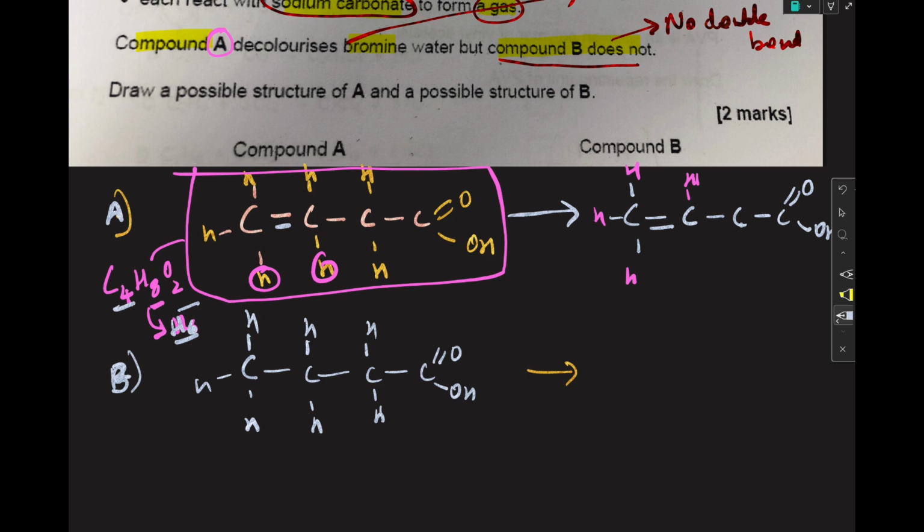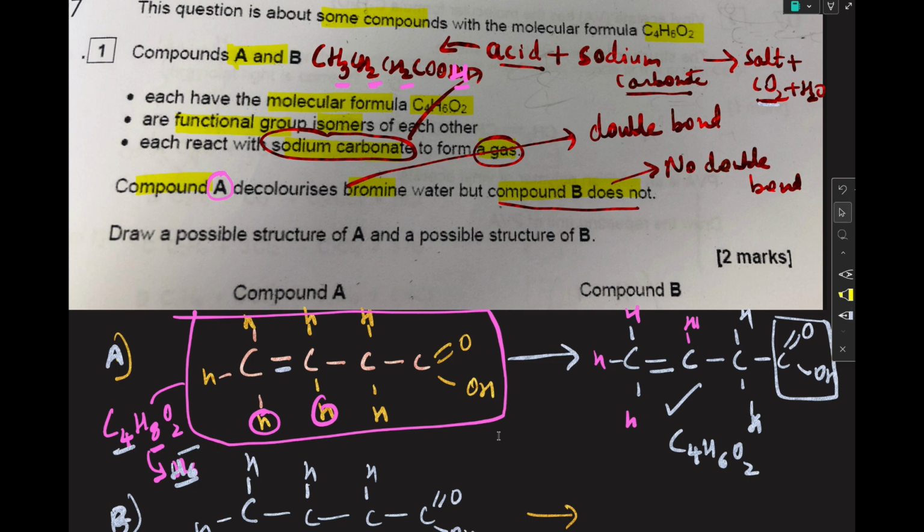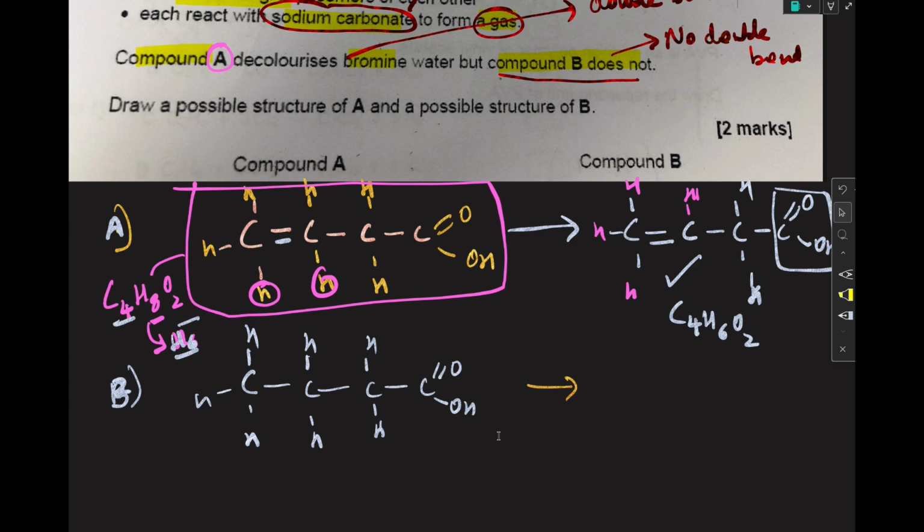As a result, your compound would be this, the compound A, right? So what you have justified is that it will decolorize your bromine water, and there is an acid functional group present, which justifies the production of CO2 gas, right?